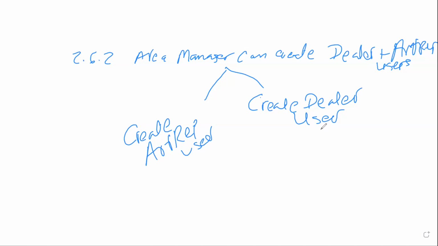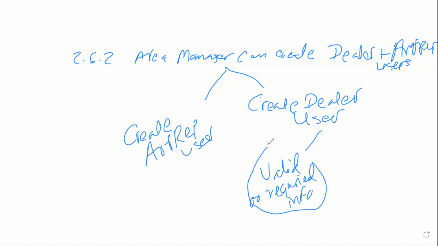And as Dilip said, once we have those two branches, create dealer user and create RFREP user, here you can have valid or required data, right? So you try creating with the valid or required info. This would become your positive test case: create dealer user with valid or required info.